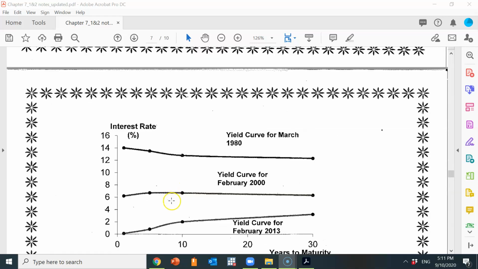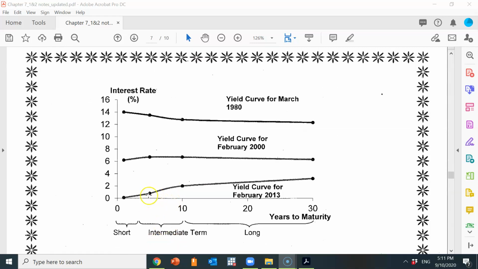As a result, if we look at the yield curve, which shows the term structure for us, the x-axis is years to maturity, T. The y-axis shows interest rate, R. As T goes up from 0 to 10-year, 20-year, 30-year, R can go down, not change, or go up.